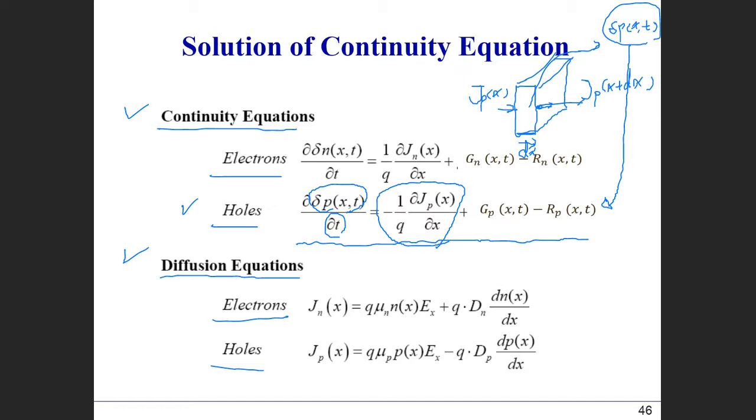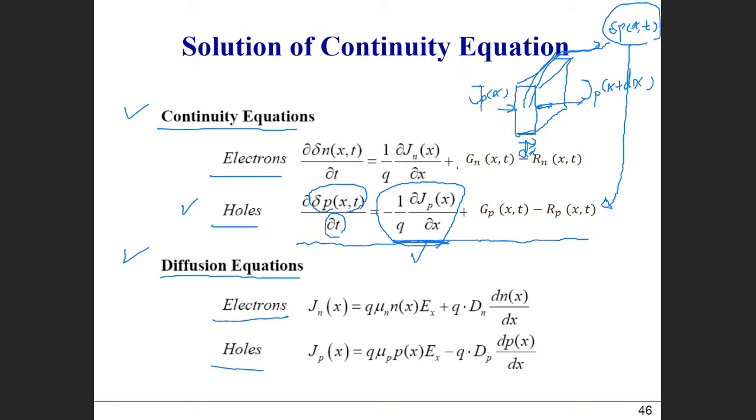If we inject current by applying the bias into this semiconductor material, that will change the hole concentration within this material. So that's the first concept and the first term of this equation.